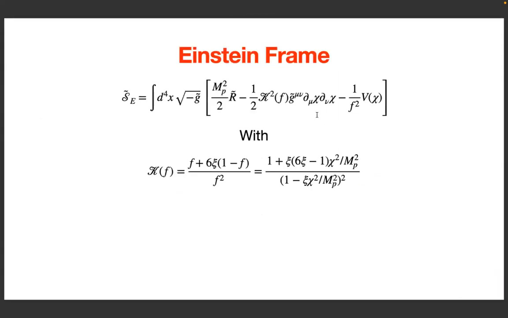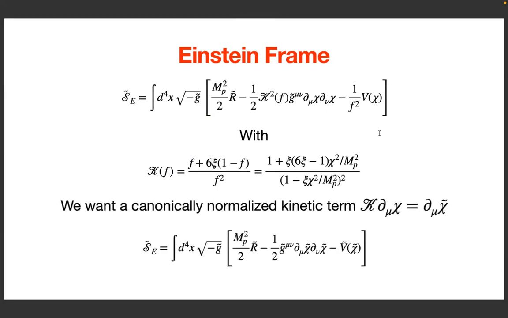The derivatives on f can be written as derivatives on the chi field, and I can put this together and write some factor in front of the kinetic term of the chi field. Furthermore, we can put this in a manner that we have a canonically normalized kinetic term for the chi field.